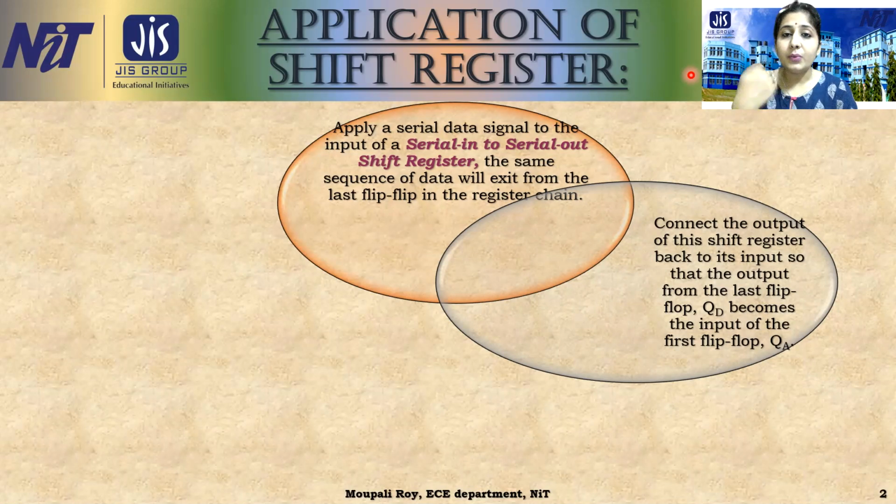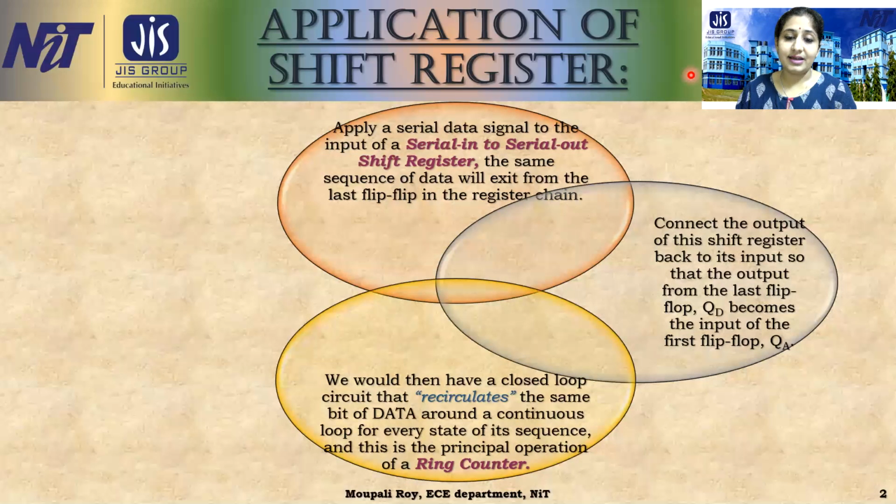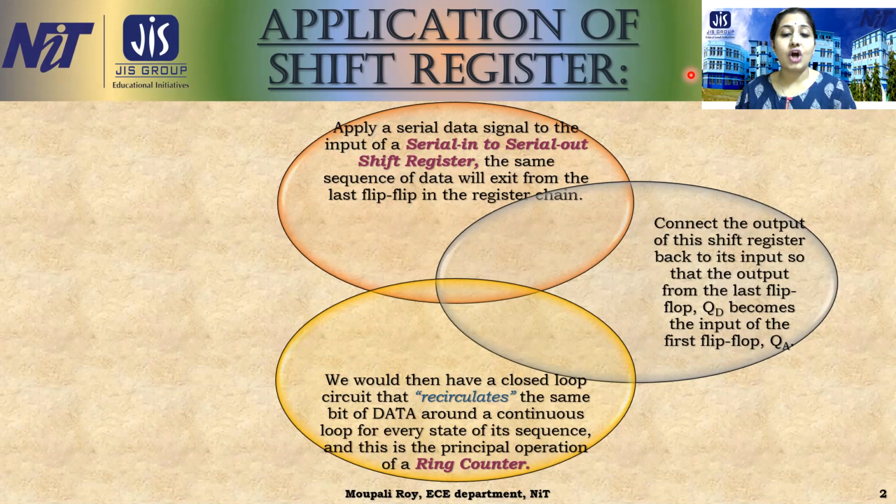If we use QA, QB, QC, QD, the last flip-flop is QD and the first is QA. Then we would have a closed loop circuit that recirculates the same bit of data around a continuous loop for every state of its sequence, and this is the principal operation of a ring counter.